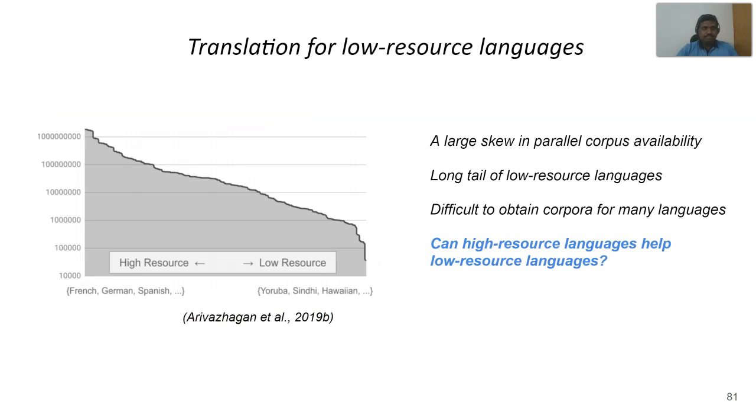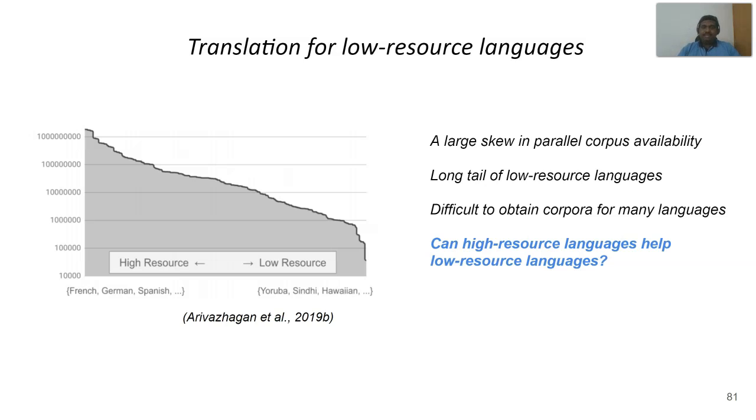As Chenhui mentioned in the first part of the tutorial, there is a very large skew in the parallel corpus availability across the languages of the world. A few languages are very high resource languages where we can build high quality translation systems given bilingual corpora.